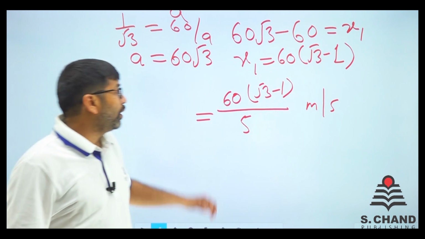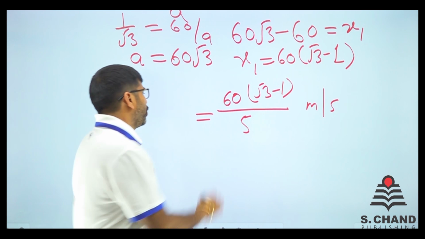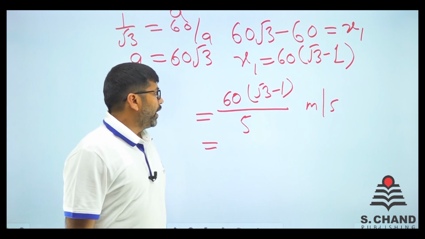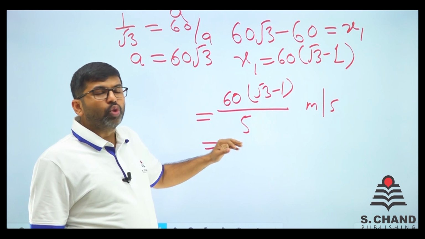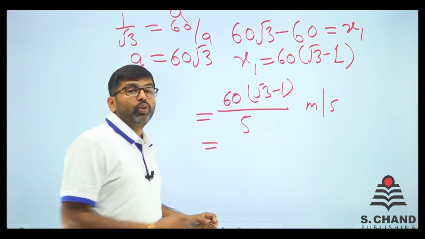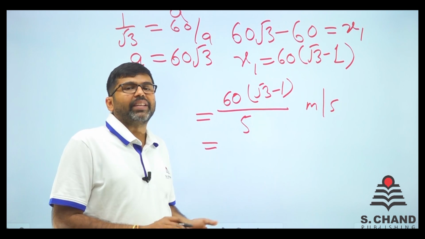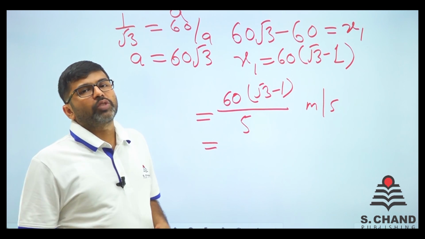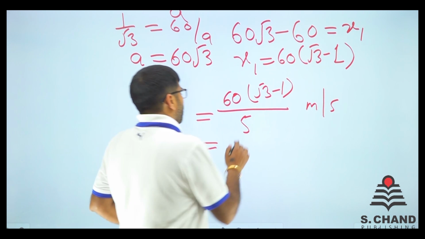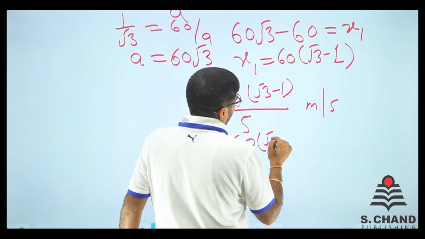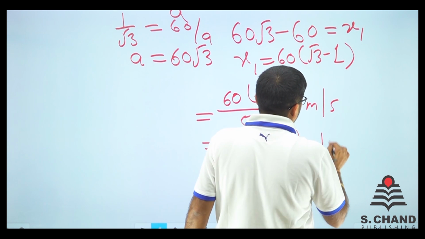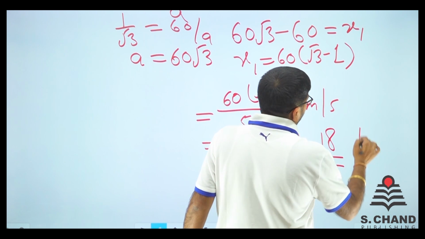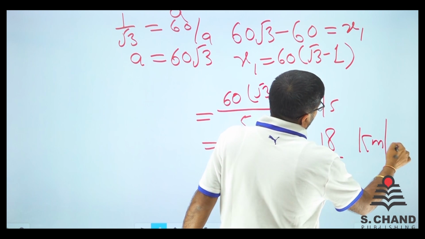If we have to calculate in kilometer per hour, so if it is in meter per second, let's do it in kilometer per hour. When you convert from meter per second to kilometer per hour, just multiply it by 18 by 5. So 60 root 3 minus 1 divided by 5 into 18 by 5, and that is the final answer in kilometer per hour.